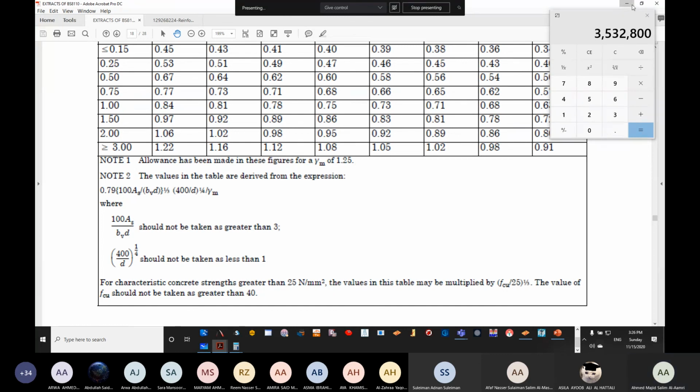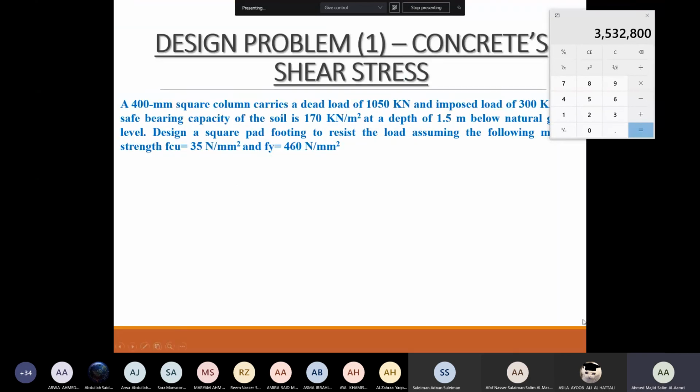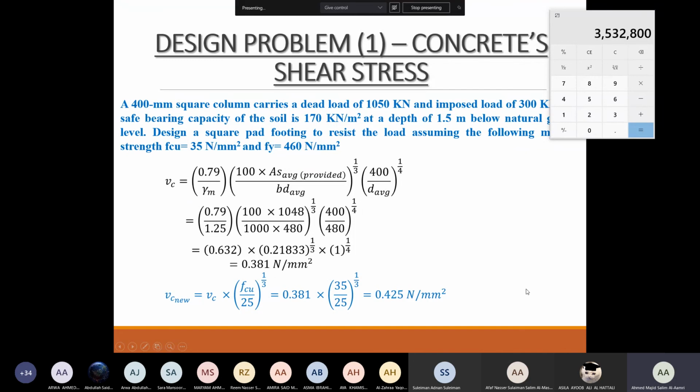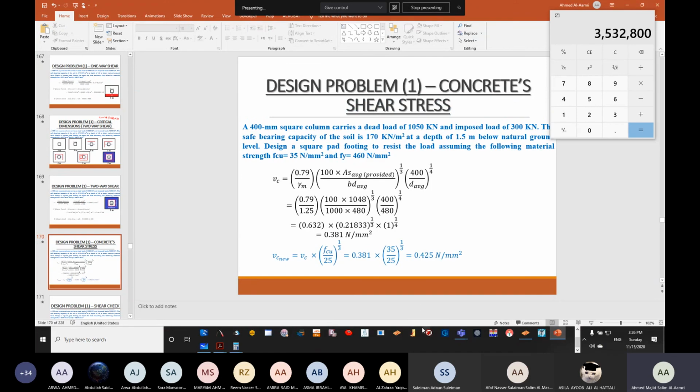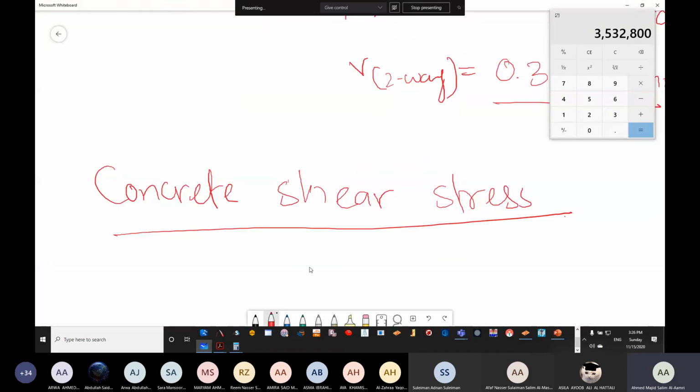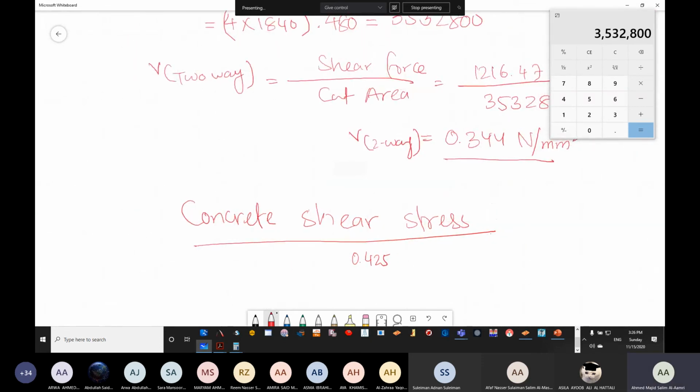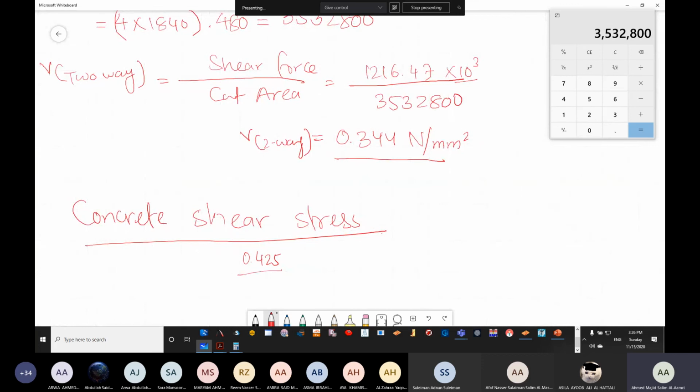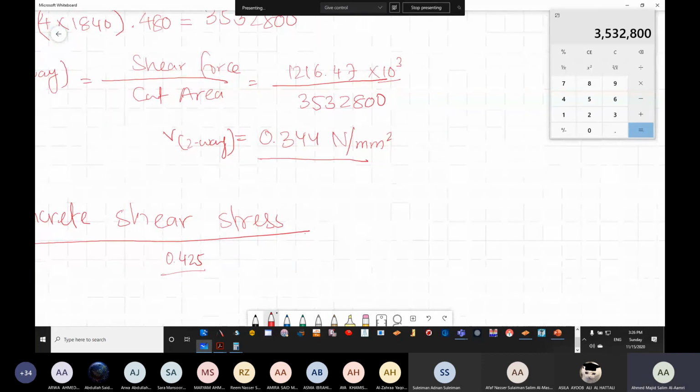Okay. Now, if you see whatever we have tried to illustrate, we found VC new to be 0.425. Now, the concrete shear stress that we have checked from the PowerPoint is 0.425. Now you are telling me that the shear stress in a two-way condition because of the loading is equal to 0.344, which is lesser than 0.425, which is the concrete shear strength.